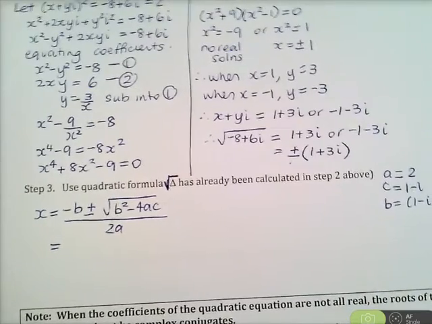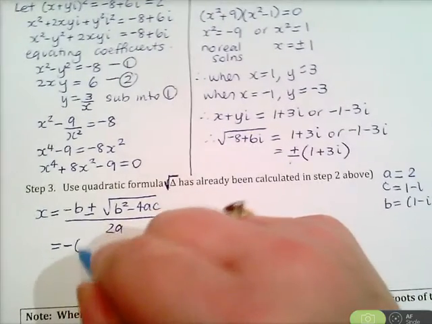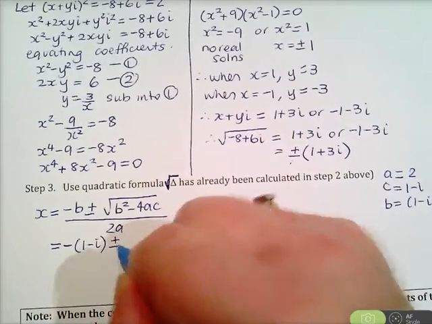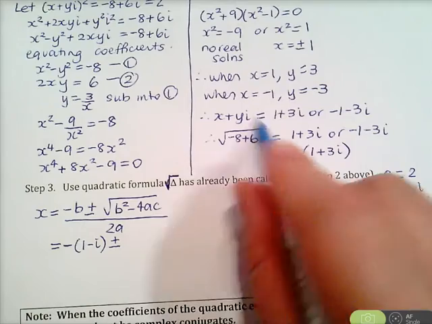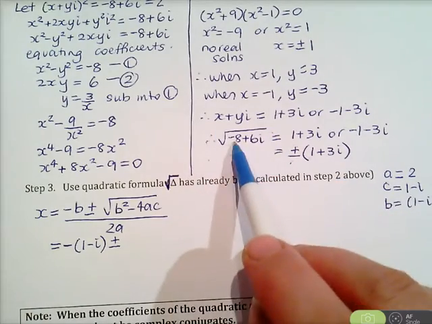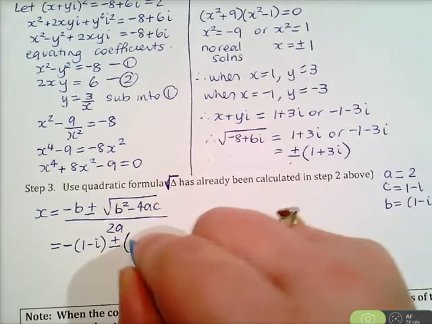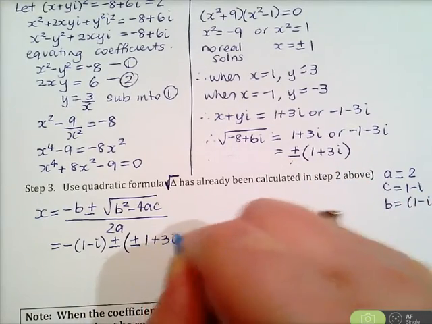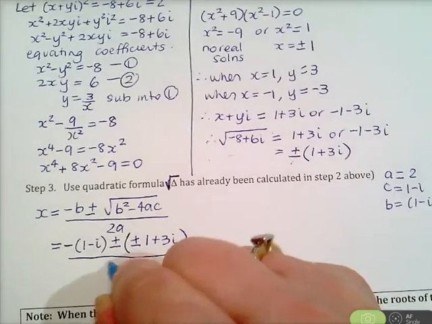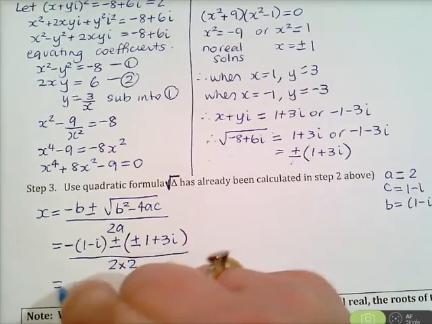So therefore, x is negative 1 minus i plus or minus. Now the square root of b squared minus 4ac is this. So the square root of negative 8 plus 6i is plus or minus 1 plus 3i over 2 times 2.